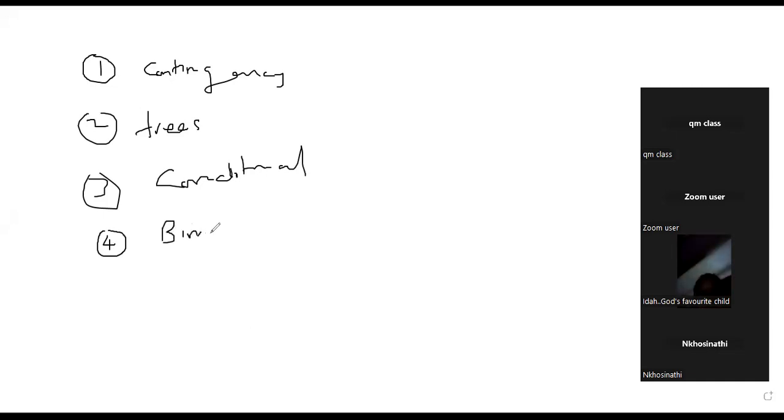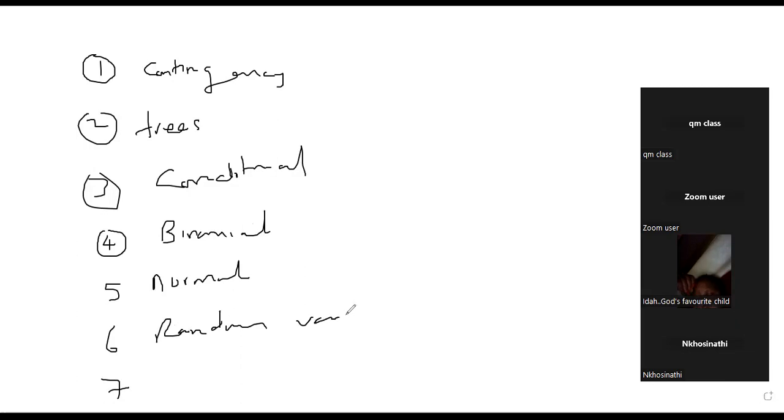We have normal distribution. 6, 7, they can even be 10. Normal distribution. We have random variables. What else? What probabilities do we have? Poisson.